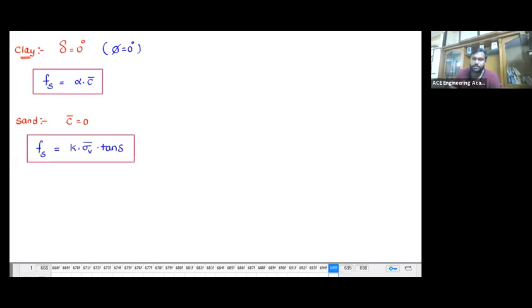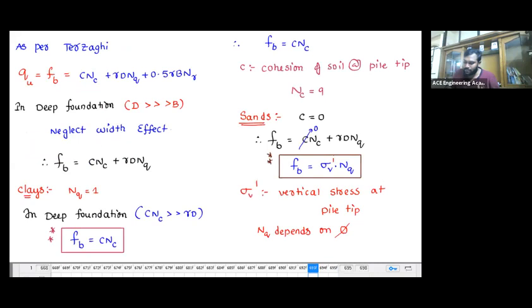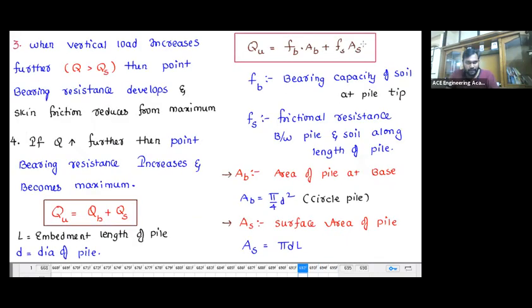First, I divided the given equation for the ultimate bearing capacity into pressure and area. I don't have any problem with the area; it depends upon the pile: pile area at base is pi by 4 d square, and surface area is pi d L. The FB and Fs depend upon the type of soil.